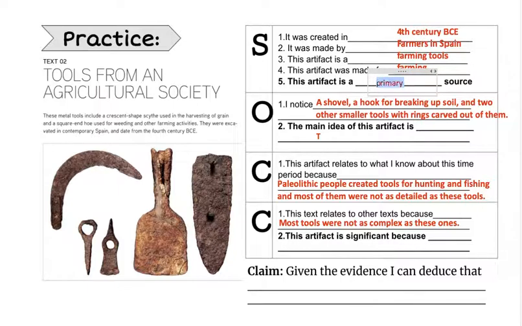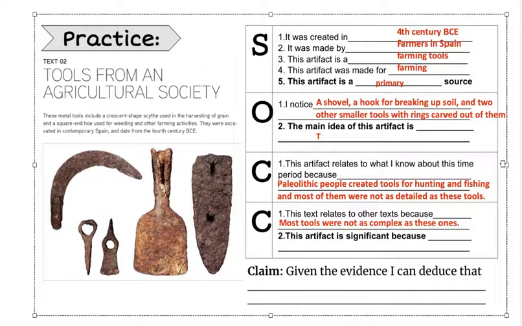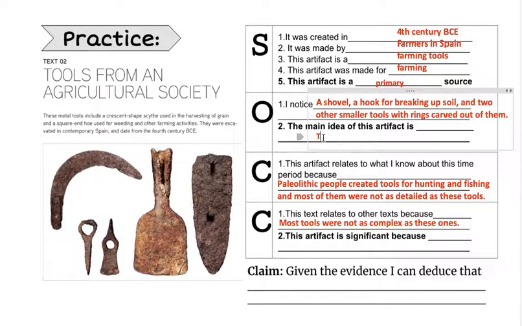And now I'm ready to move on to the next addition in the O box, which is the main idea. So when I take a look at my caption, when I look at the artifacts itself, what is the main idea here, the key details from this source? And it says here that they are farming tools. It says that they were used to harvest grain and weed and do other farming activities.